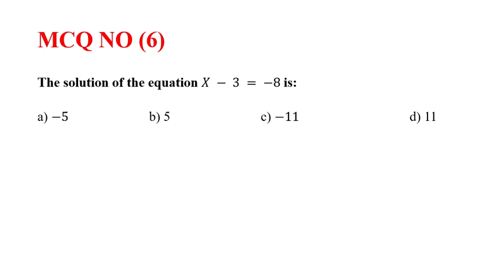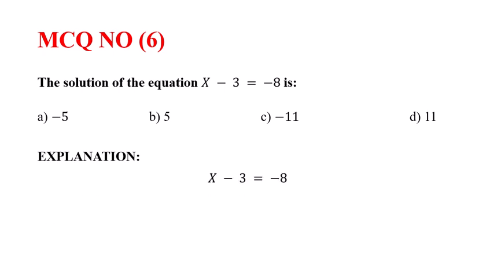MCQ number 6. The solution of the equation x minus 3 is equal to minus 8 is? The required options are A minus 5, B 5, C minus 11 and D 11.